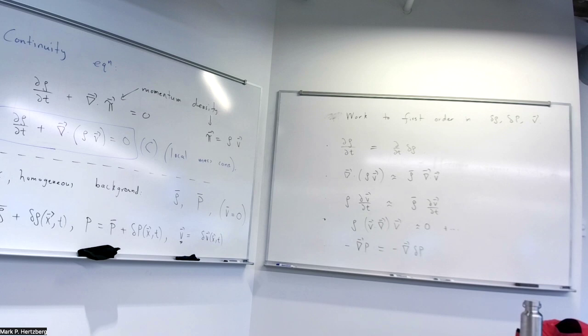This one is now just rho bar dV dt, and then minus the gradient of the change in pressure. Right, and the continuity equation is d dt, or I write dt, sometimes I write dt, it just means d dt, acting on delta rho is minus rho bar div v.